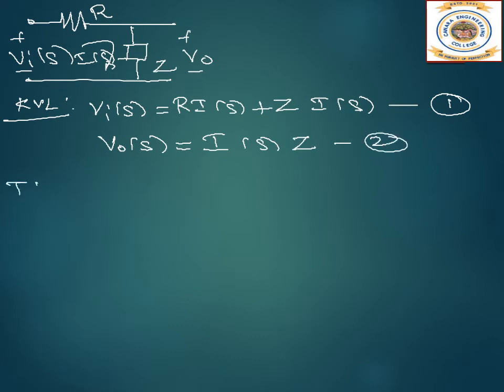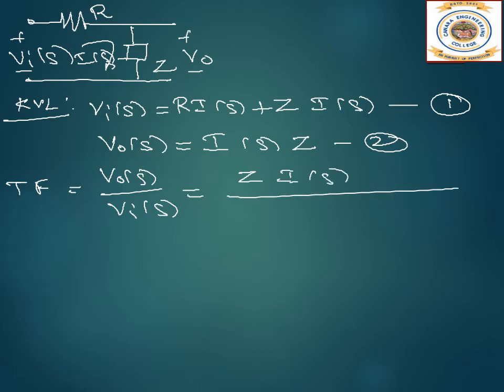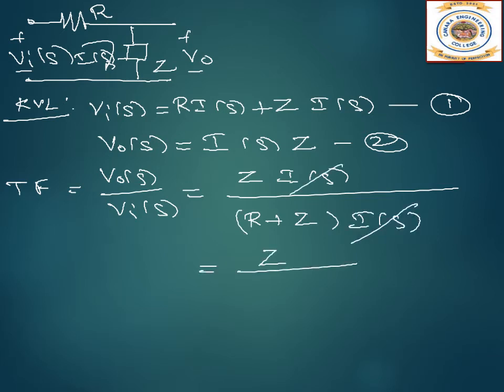So now the transfer function is V naught of S by Vi of S. So we get this as Z into I of S divided by R plus Z into I of S. So I of S cancels. We get this as Z divided by R plus Z. Now we need to substitute the expression for Z. What is Z? We have already found it, right? So let us substitute here.